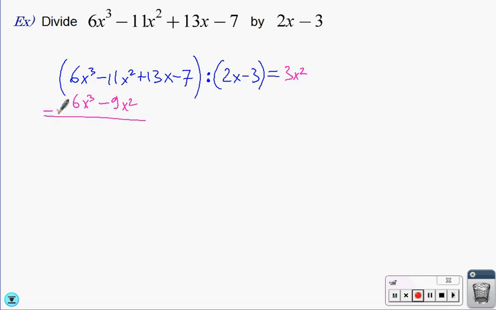I will subtract these from the top. Remember from the class, it is 6x cubed minus 6x cubed, minus minus 9x squared. So this minus will change the sign of both of them. 6x cubed minus 6x cubed, minus minus becomes plus 9x squared, because of that subtraction the sign of both of them will change.